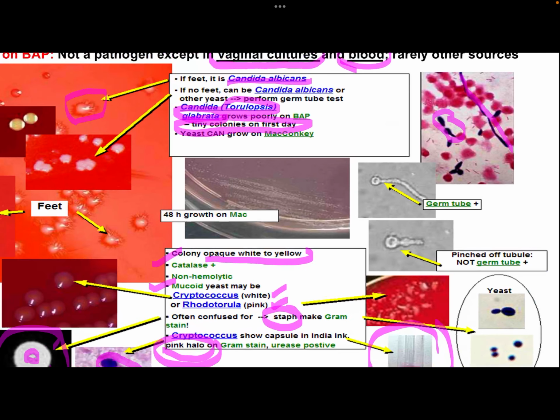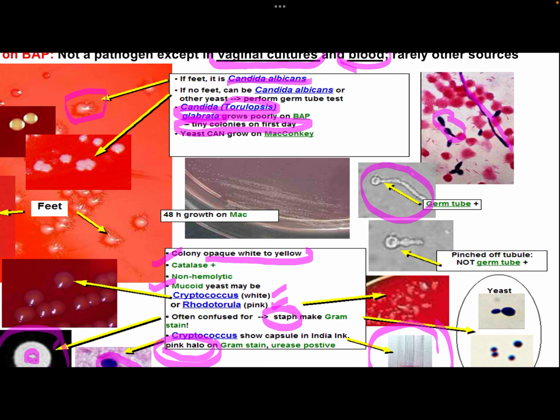And if you suspect it to be Candida, particularly Candida albicans, you can perform a germ tube test. How do you do the germ tube test? You just mix the colony with plasma, citrated plasma usually, and then you incubate, and after that you look under the microscope and you see the development of germ tubes.